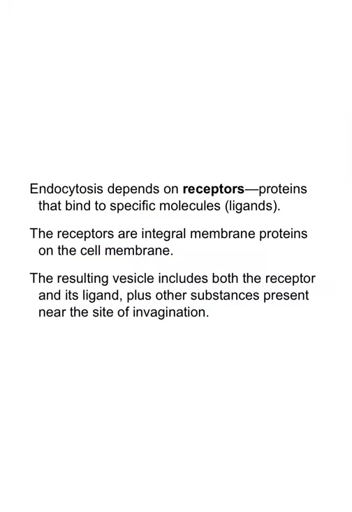Now, endocytosis is dependent on receptors that are found on the surface of the cell membrane. These receptors are proteins that are able to bind to a specific molecule. That specific molecule that binds to the protein receptor is called a ligand. The receptors are integral membrane proteins, which means those proteins are embedded in the membrane of the cell.